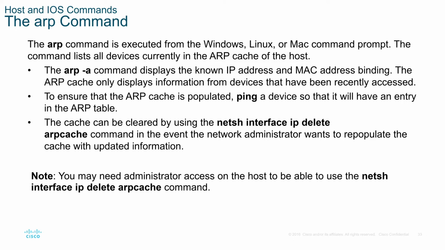The ARP cache only displays information from devices that have been recently accessed. There is a timer so that if the device is not accessed again, the entry will time out and be removed. To ensure that the ARP cache is populated, ping a device so that it will have an entry in the ARP table.